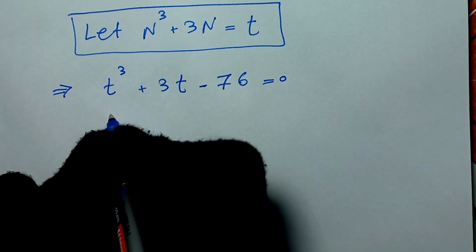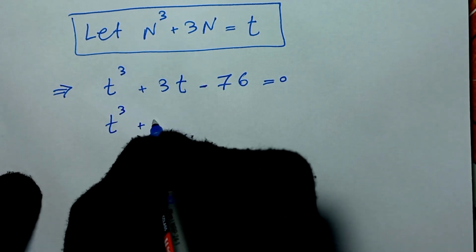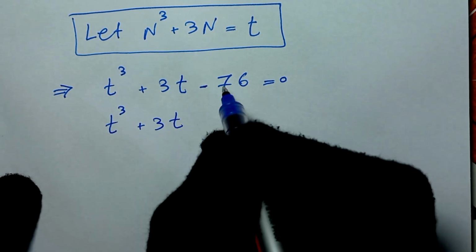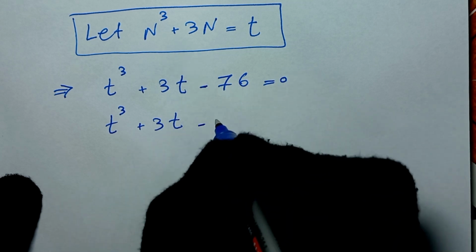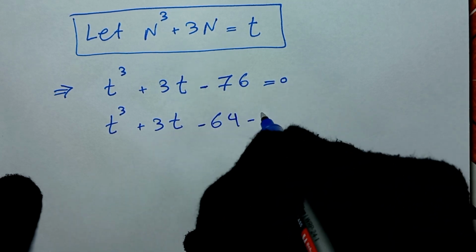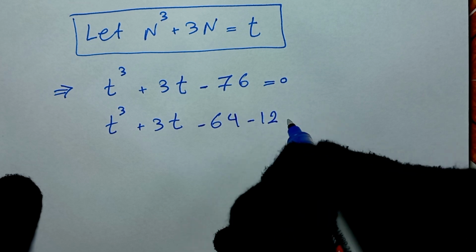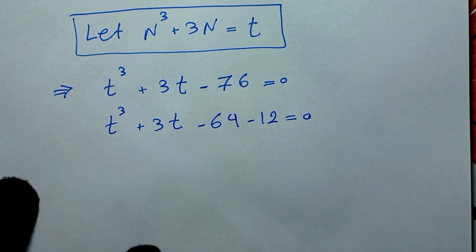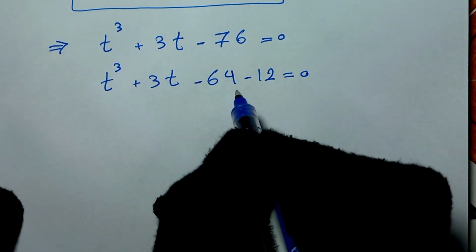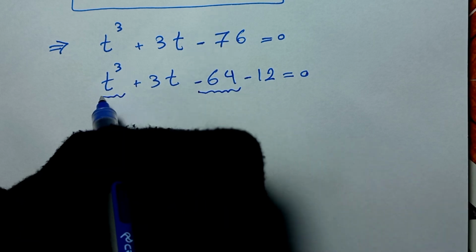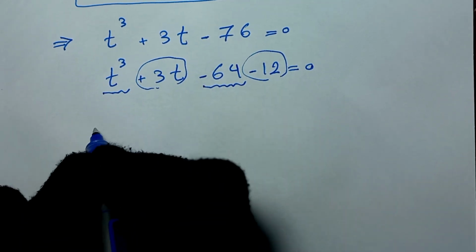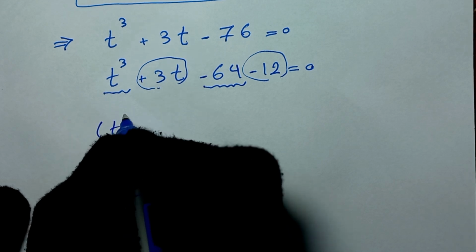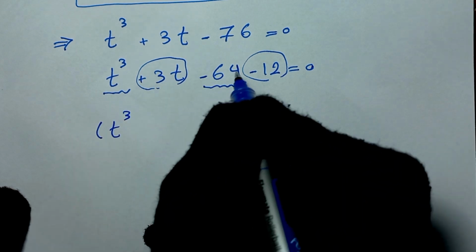And it will be t cubed plus 3t. And here we can write negative 76 as negative 64 minus 12, right? And it is equal to 0. And in the next step, we take these two parts together and these two parts together, and it will be t cubed minus 64.